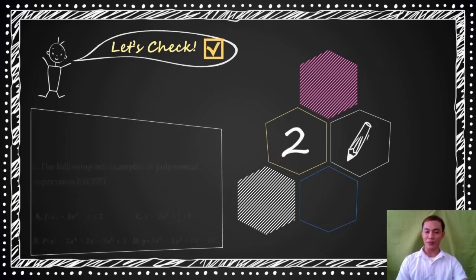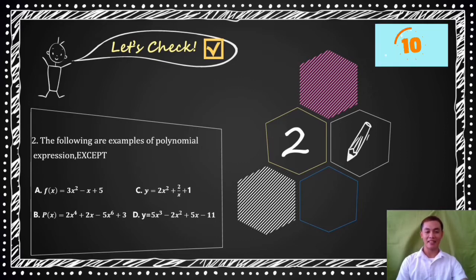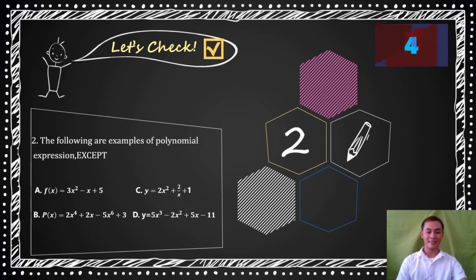How about number 2? The following are examples of polynomial expressions except. Is it A, B, C, or D? Again, I will give you 10 seconds. Have you got the correct answer? Let's check it out. If your answer is C, that is correct.